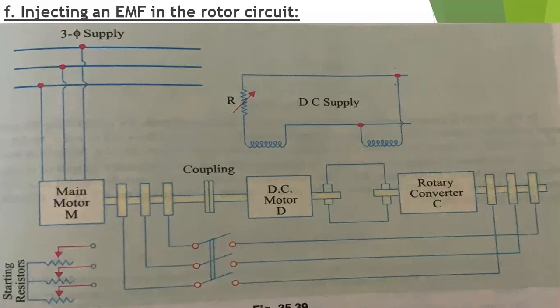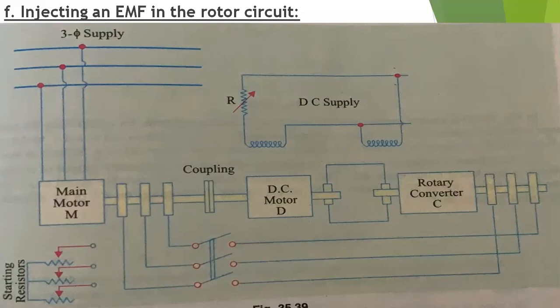One big advantage is that any speed within the working range can be obtained. In other methods this is not possible; instead of any speed, only two or three speeds can be obtained within the range.